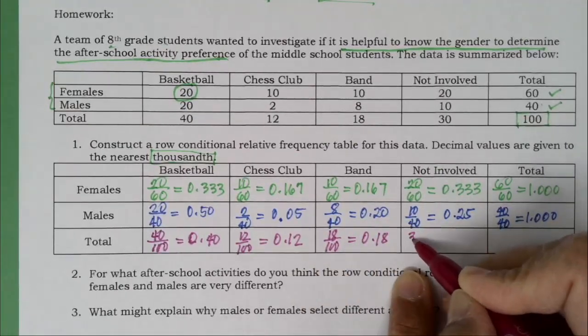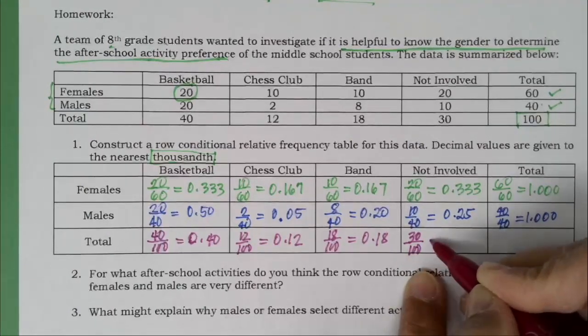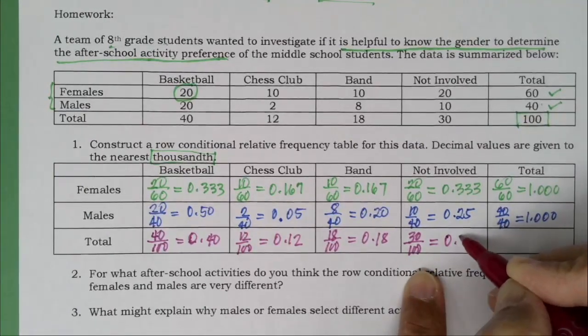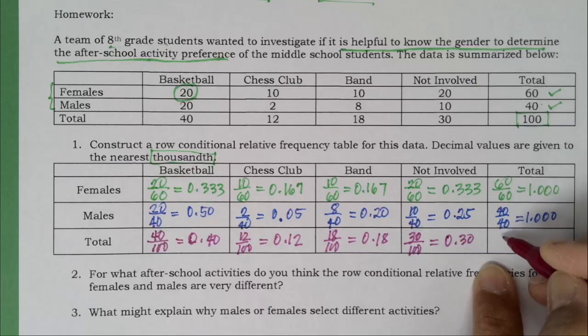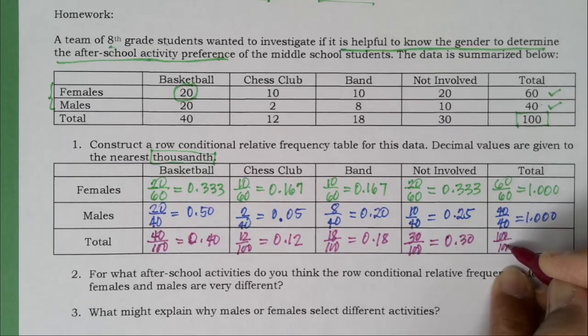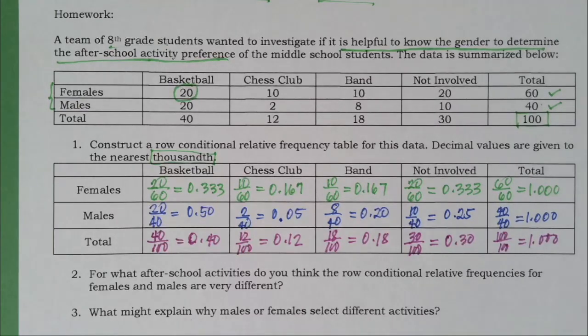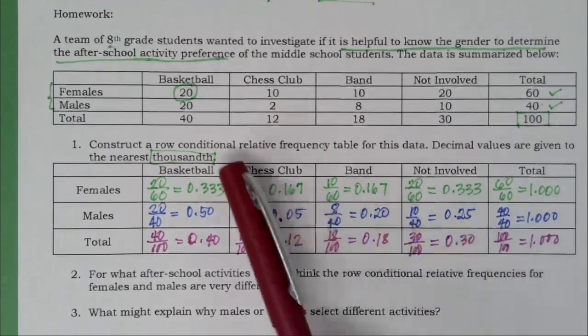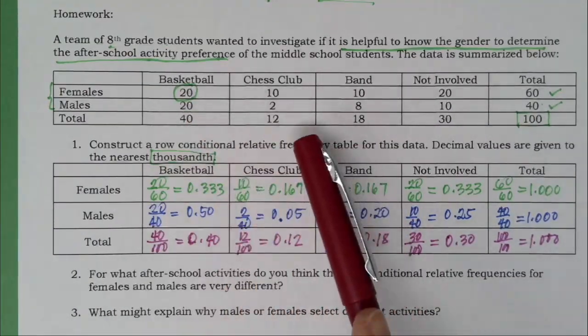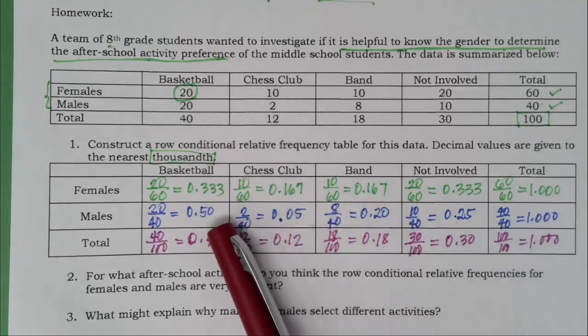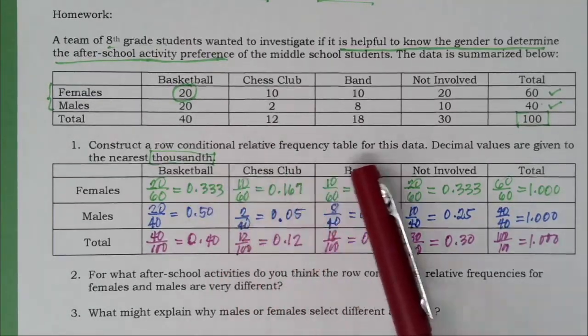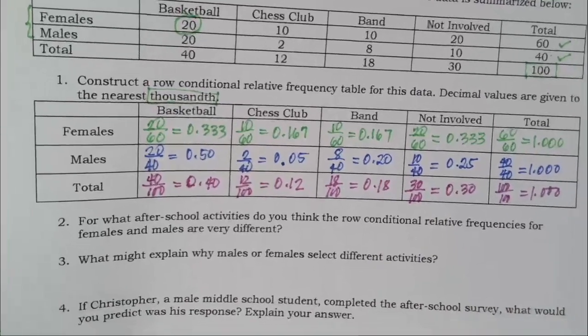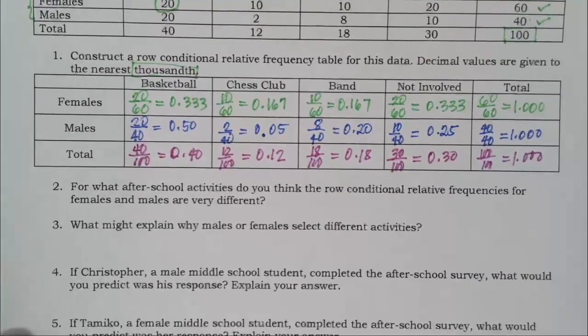Then for not involved, that's 30 out of 100, that's 30%. And 100 out of 100, of course, is equal to 1.00 or 100%. All right. We have converted each row frequency to the row conditional relative frequency. Now we can do our analysis.